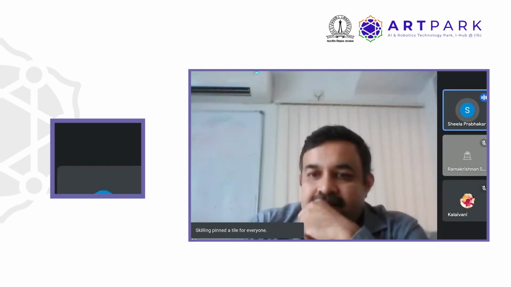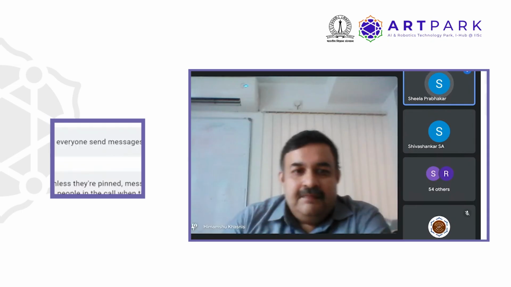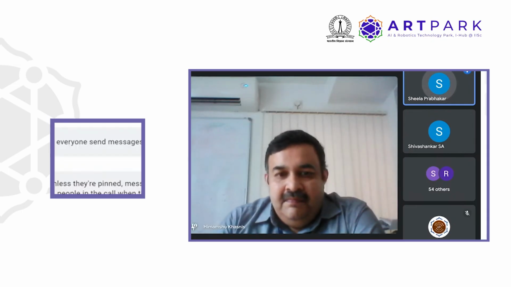We have one of their systems here installed in IISc Art Park. Next week, DOT is conducting a 2-day hackathon for 5G and 6G, and that hackathon will be conducted on this system which is here.